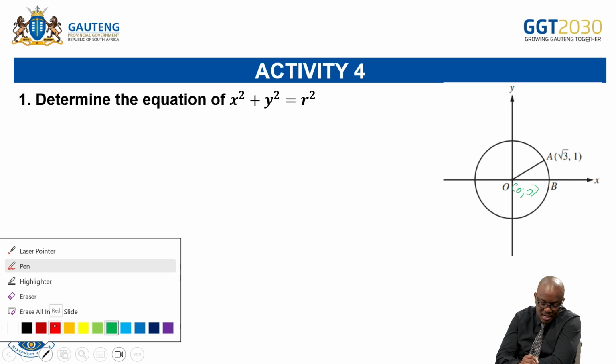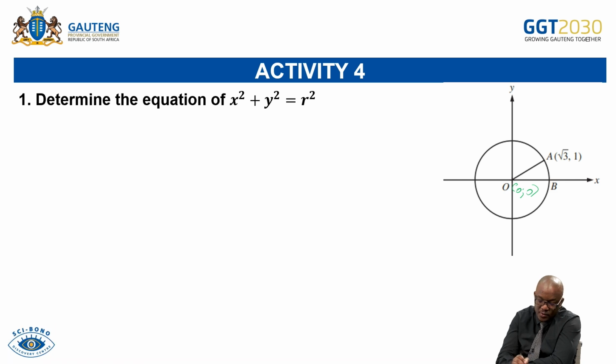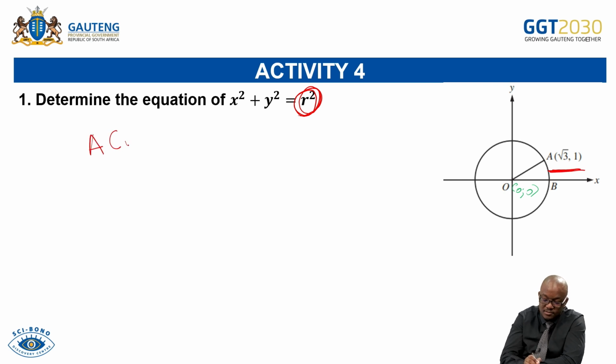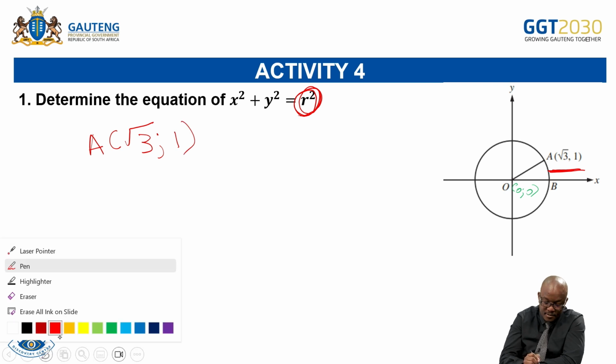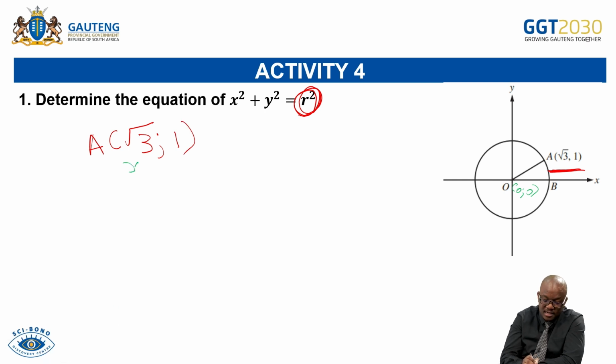For us to determine our equation, we need to know the value of r squared. Then we have a point there, which is (root 3, 1). What do we see there? x and y.